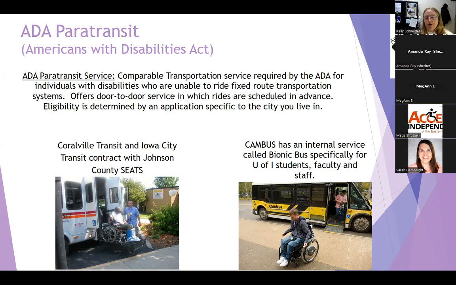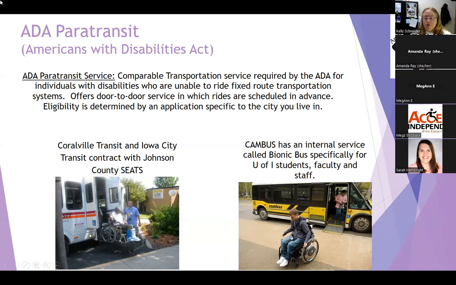Sometimes people might have a combination of disabilities, so I really encourage people to apply if they think that they need that level of service. So what happens is the service is for people that cannot board, ride, or get to the regular fixed route buses.